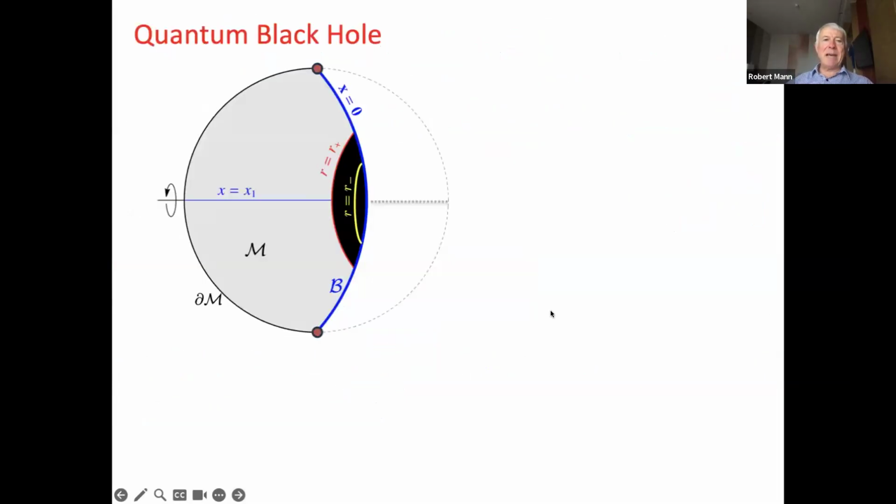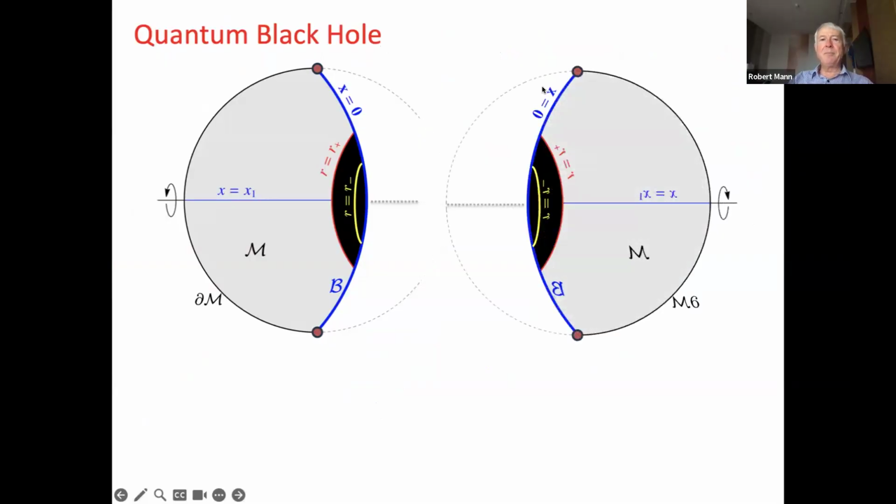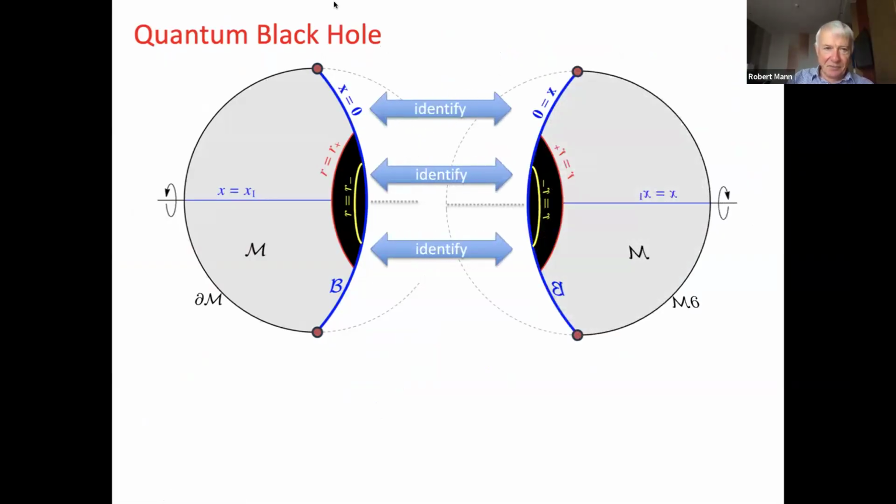All right, so let's get back to this quantum black hole. And here I'm going to write it down for the charged and rotating case. What is done is you take this AdS black hole, slice it with a brane, and then make a copy of it, and then identify the brane here with the brane in this copy.